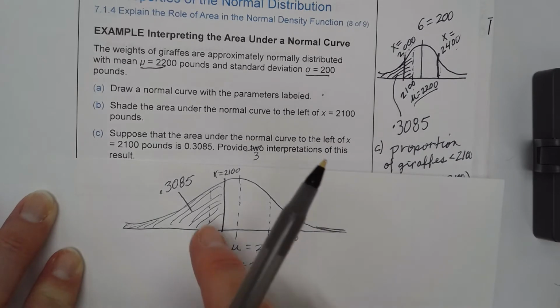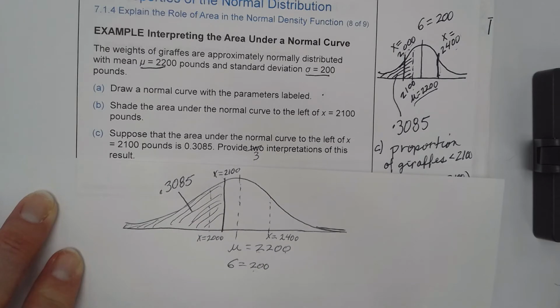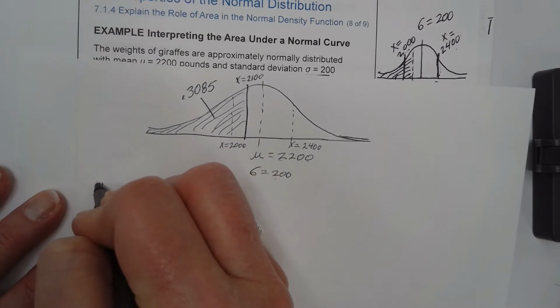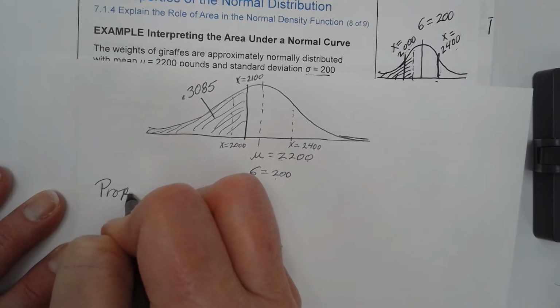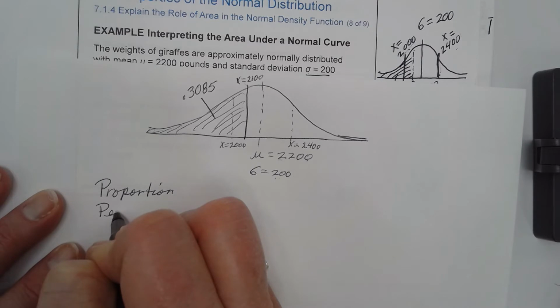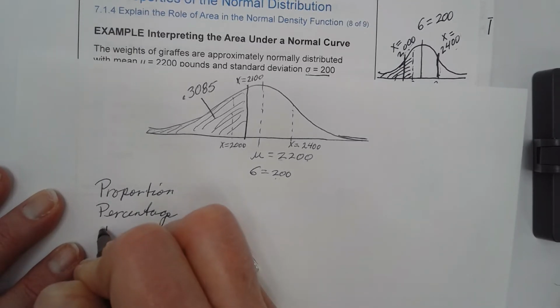Okay, so what are the three interpretations of that area then? The three P's: proportion, percentage, and probability.